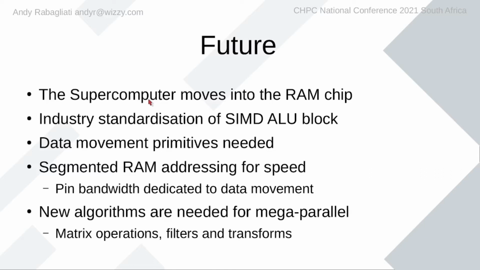We need new algorithms for basics like matrix operations and filters. We need to rewrite today's algorithms to be able to use these massive parallel machines. Thank you very much.